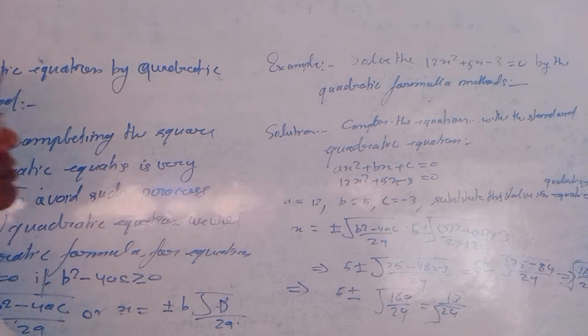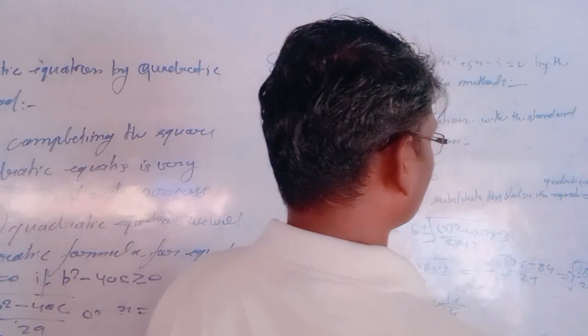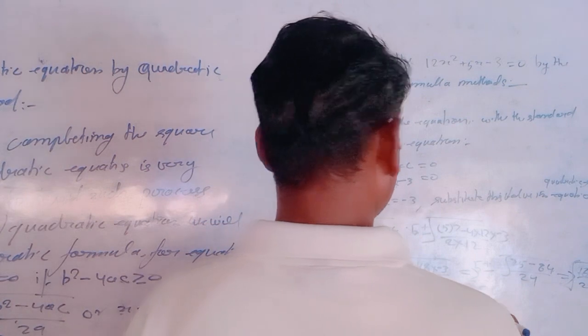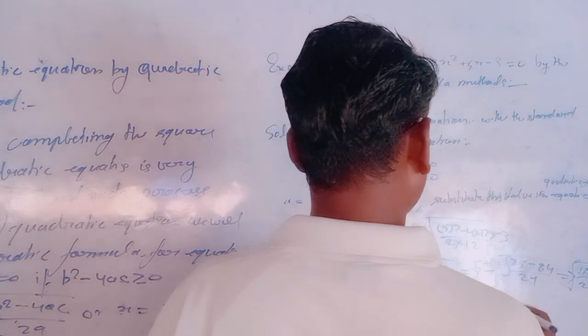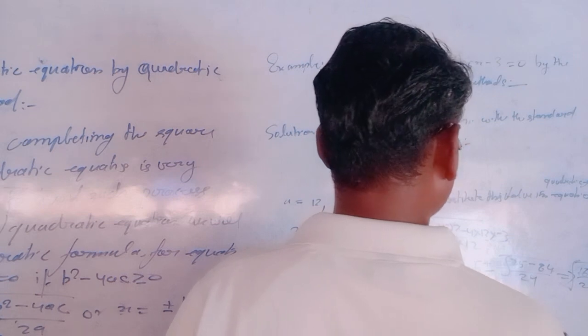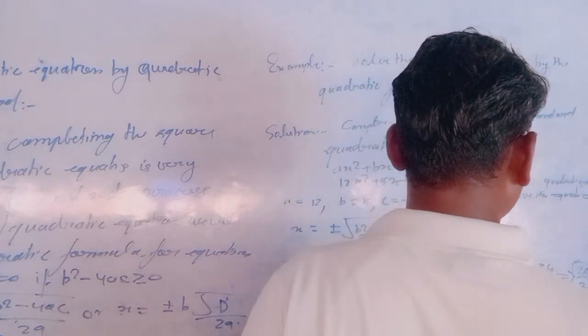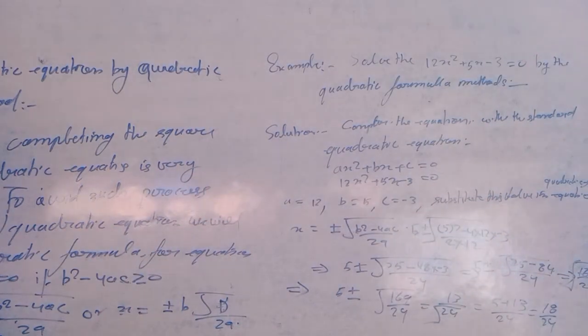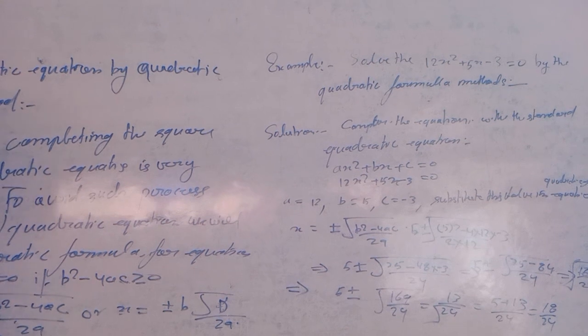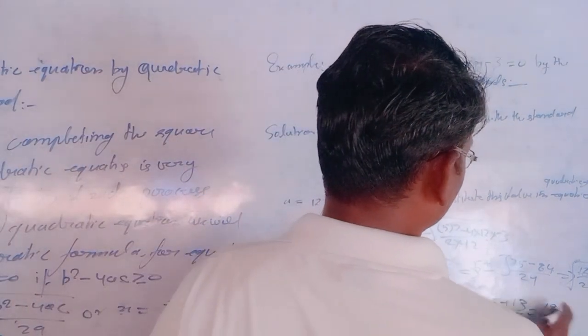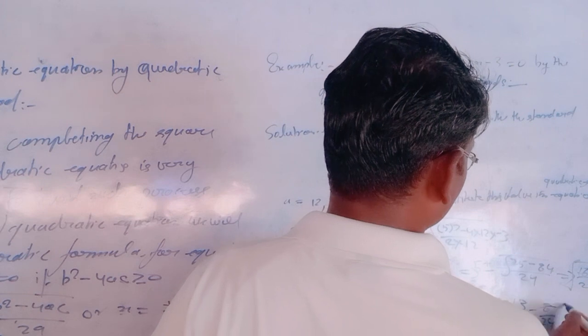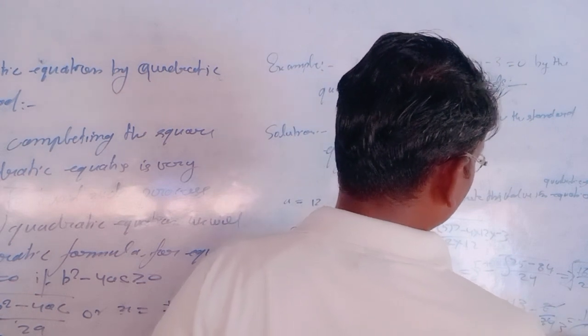So we will write minus 5 plus 13 upon 24, taking the plus sign first: minus 5 plus 13 is equal to 8. So 8 upon 24 is 1 by 3. Got it?